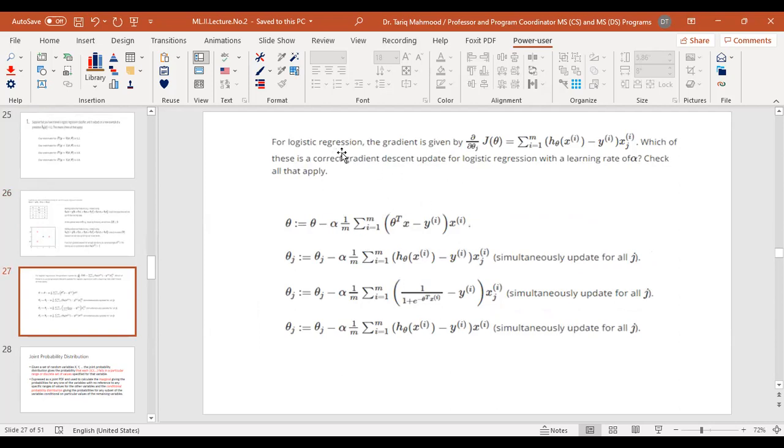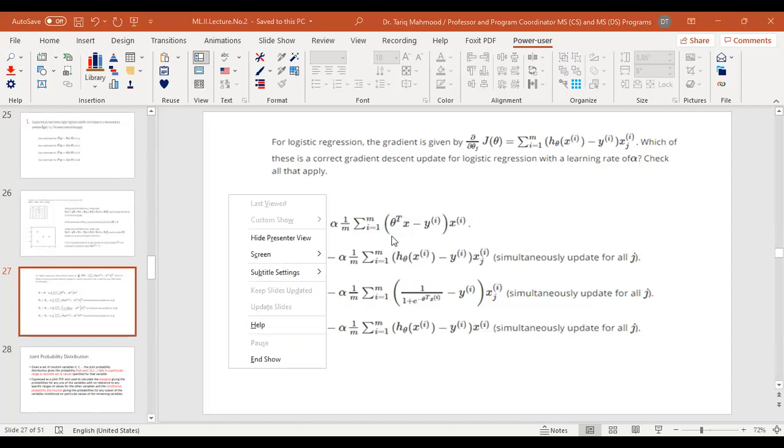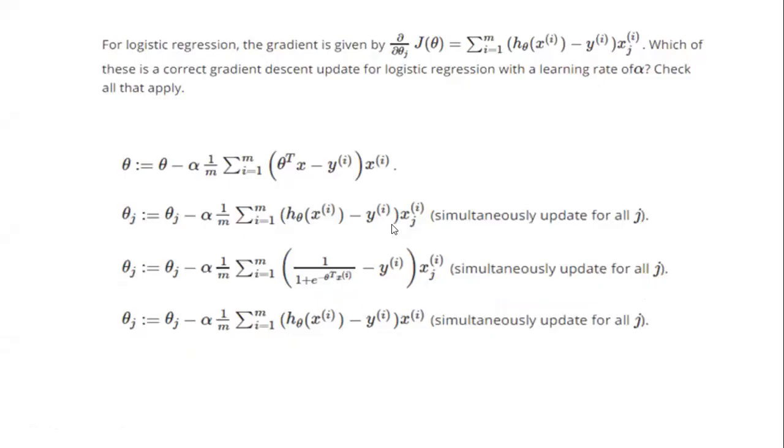For logistic regression, the last step, the gradient is given by this. This is what we have done, very similar to that. So the logistic regression gradient is given by d over d theta j, where theta means w and bias together.